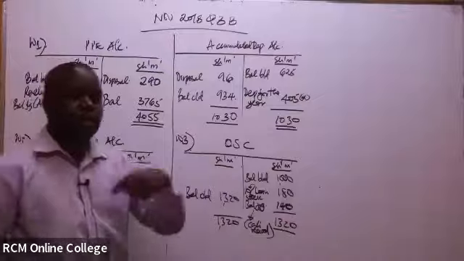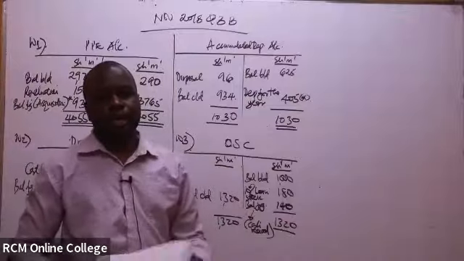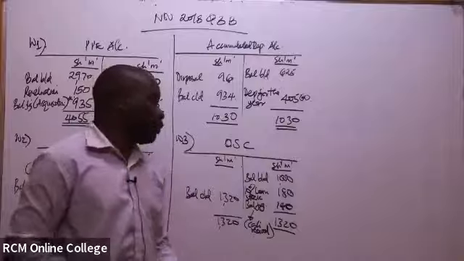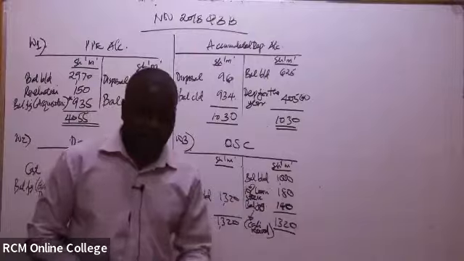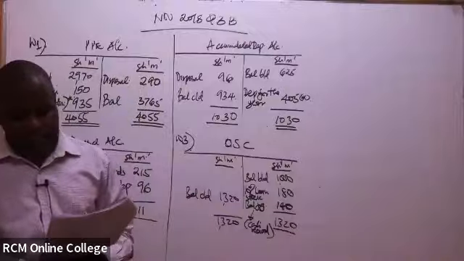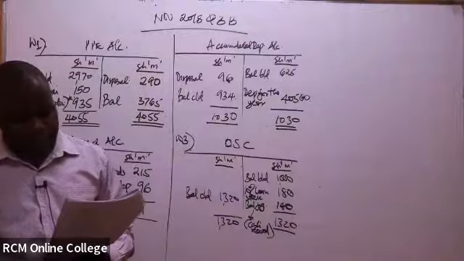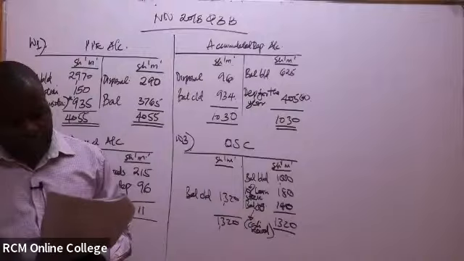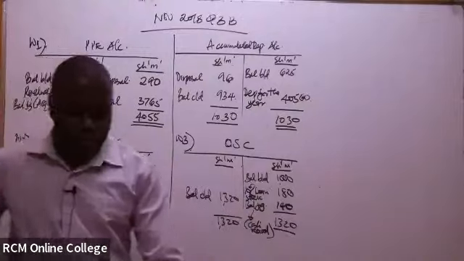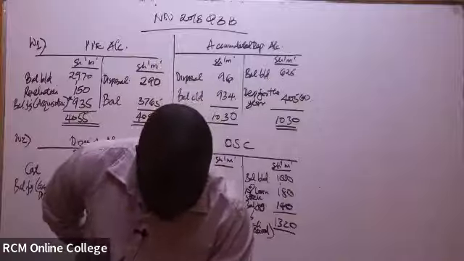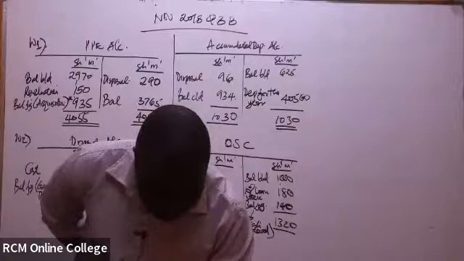It was just a loan they converted, so that can't be a real inflow of cash. So we credit here so that we can know the balancing figure, which is the part of the ordinary share capital that was received in terms of cash. So that is what you'll be able to get there, and that's why in this case you end up having to deal with that.